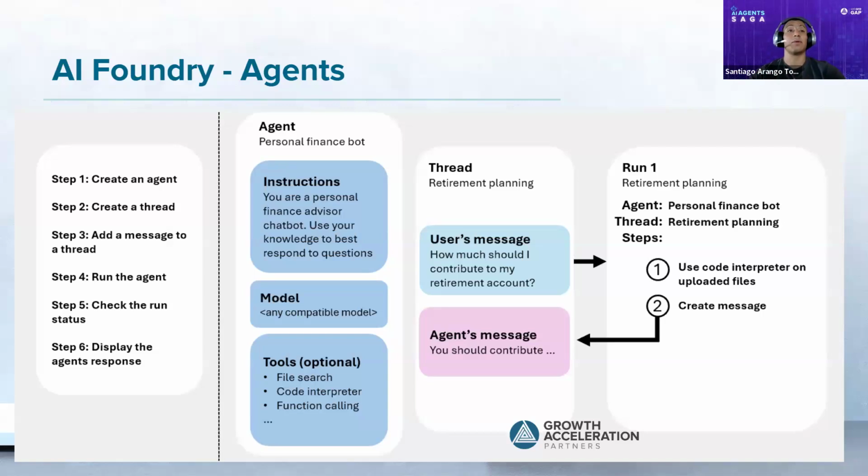There, taking advantage of the AI Foundry too, you will have the capability to connect many other components to the agent itself. So for example, you can ask it to have a file search, a code interpreter, function calling, the Azure Search Service, and many others. As an example, let's go back to the example of the traveling agent. This agent is going to provide feedback about the best destinations for the summer.